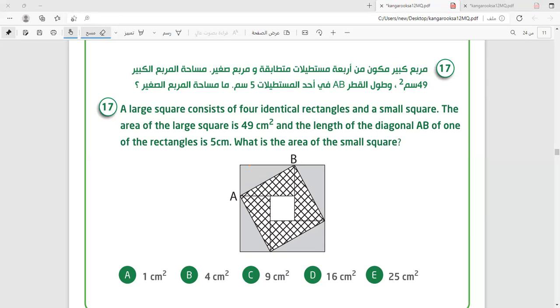Okay, so let's imagine that this is 12.5, which is a square, 12.5, 12.5, and the last one is 12.5. Sorry, I just got mixed up.